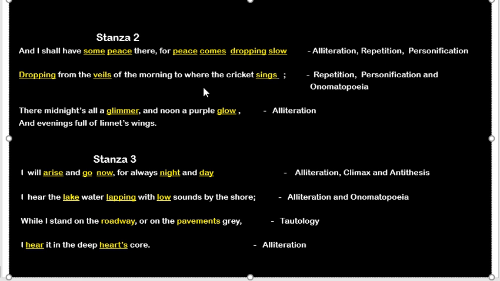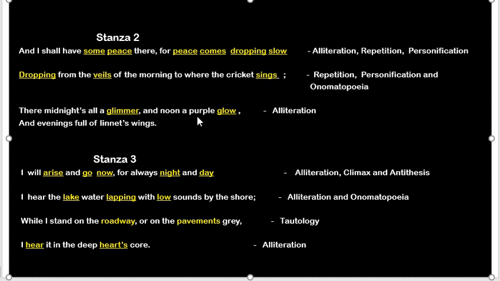Moreover, we can also see dropping from the veils of the morning, which shows human qualities assigned to the morning, and that's why it is called personification. Onomatopoeia also is used because here the sound that is produced by the cricket sings, so it is onomatopoeia.